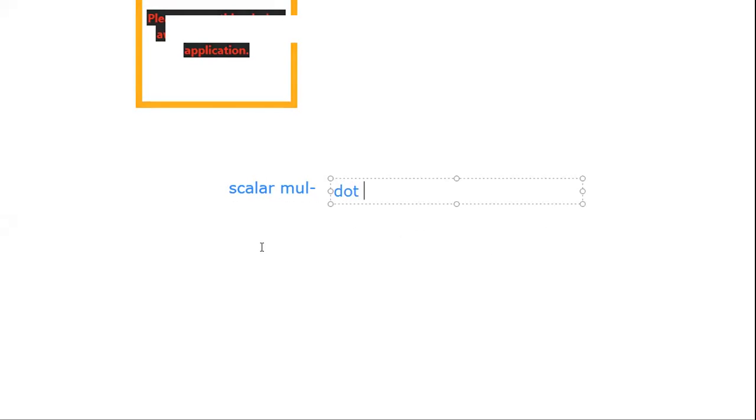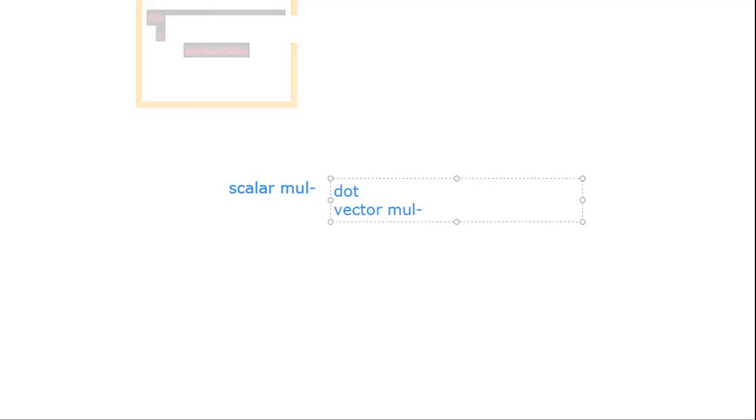Next, vector multiplication is called the cross product. Okay, remember these 2 points. In vector multiplication there are 2 types of multiplication.